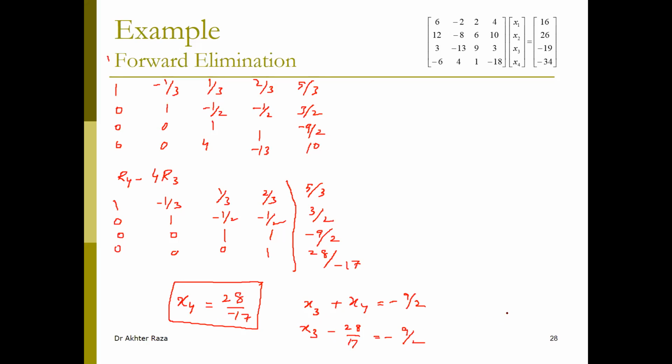We have to solve x3. x3 is equal to minus 9 by 2 plus 28 by 17.